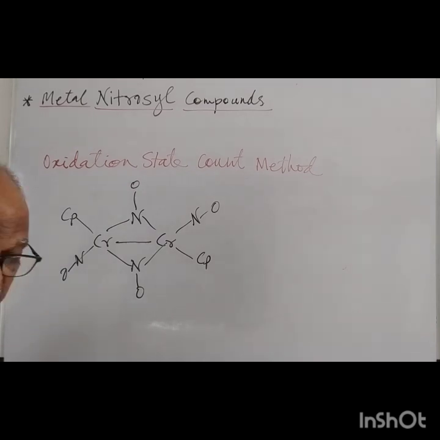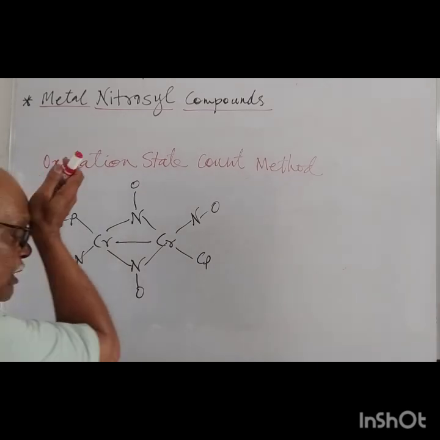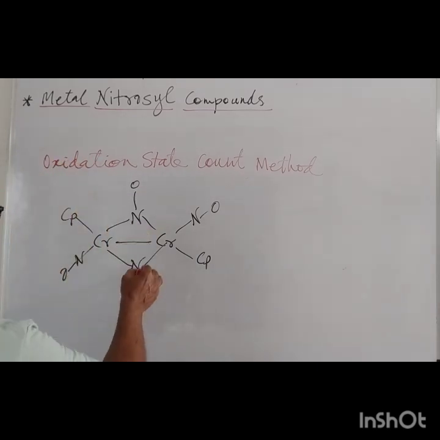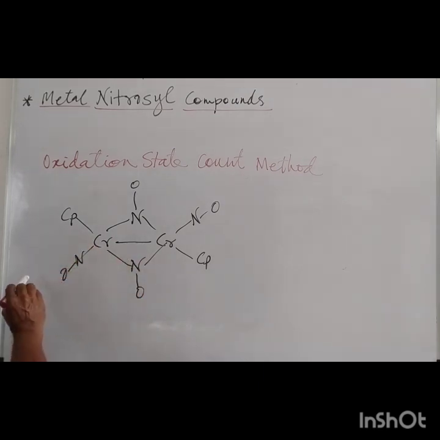So here you will find that these are two bridging ligands. Nitrosyl ligands are in the bridging form, and these nitrosyl groups are in the linear form.